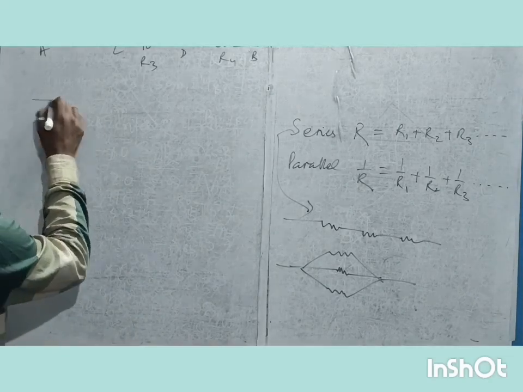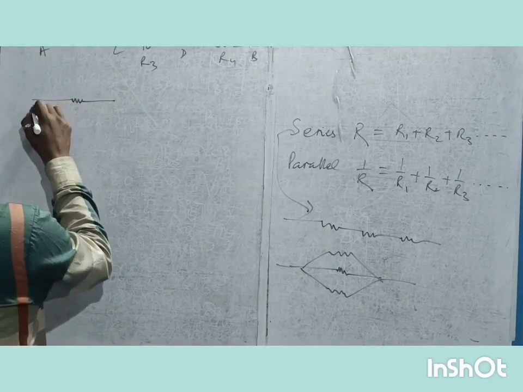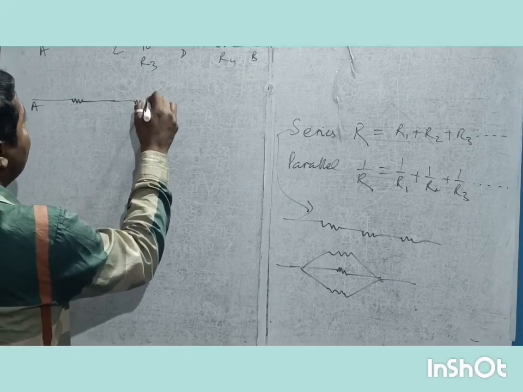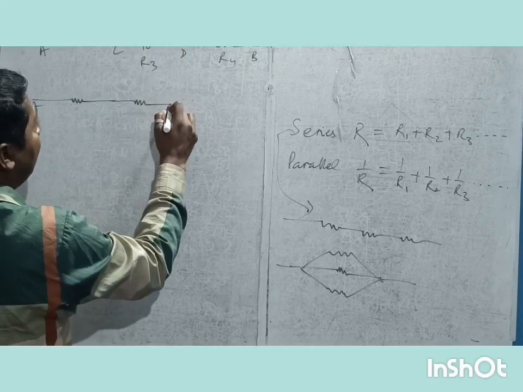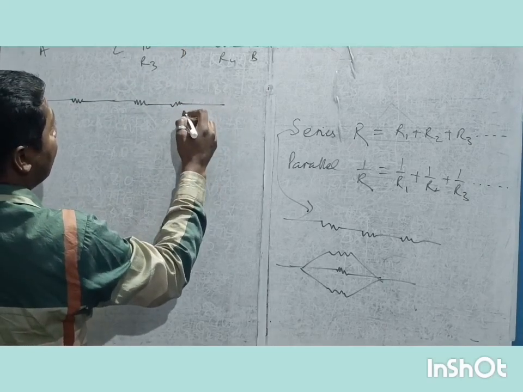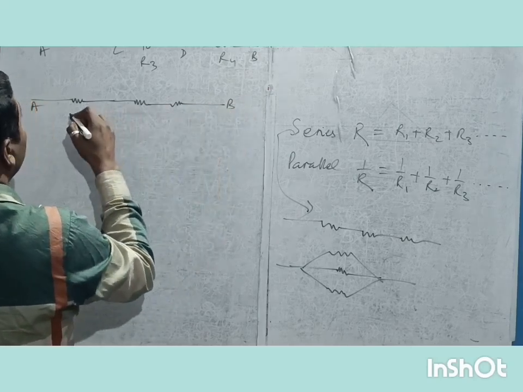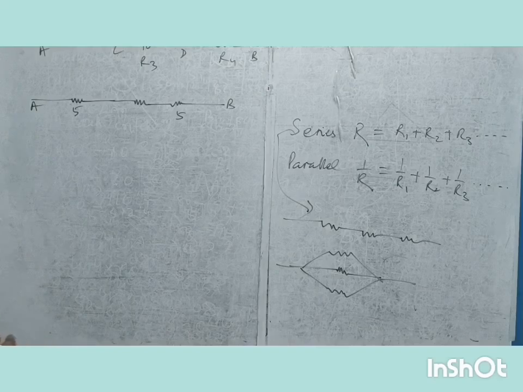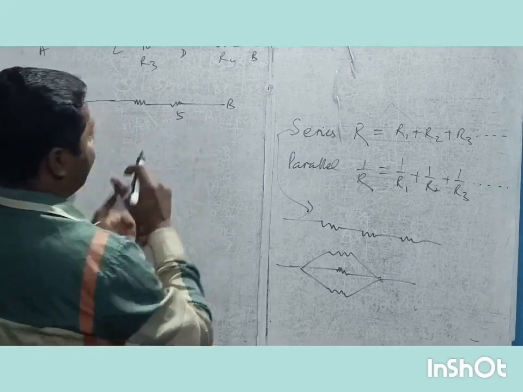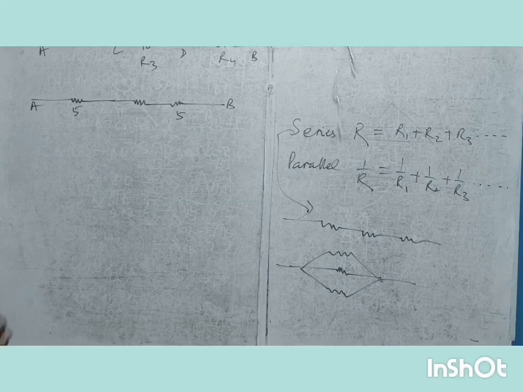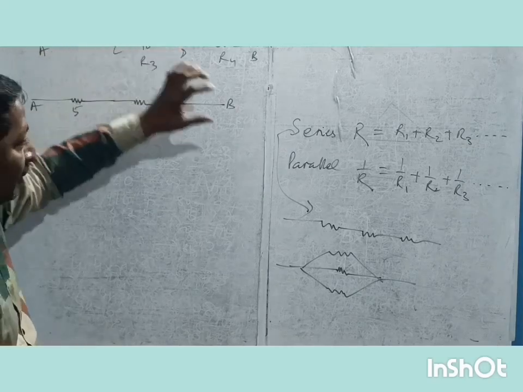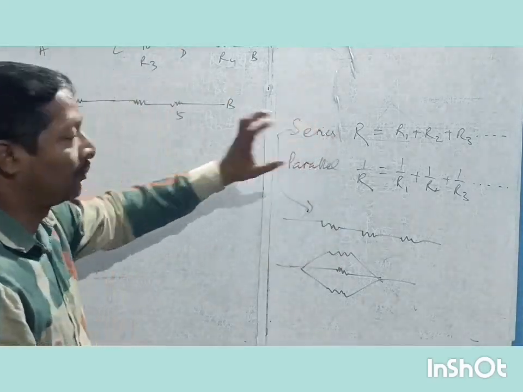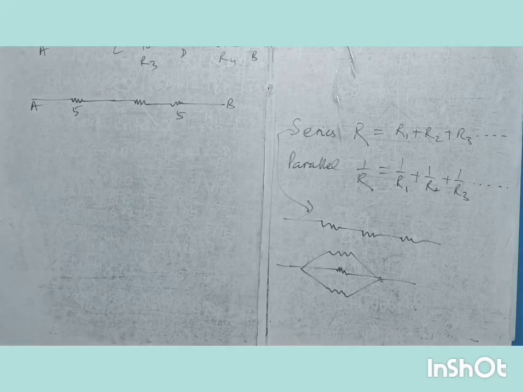So if this is A, and we make these two into a single one, and again this will be B, then this will be 5, this will be 5, and we have to calculate this one. Then these 3 will be in series because we are making these two parallel connections into a single one by calculating its equivalent resistance. Okay, could you follow my words?